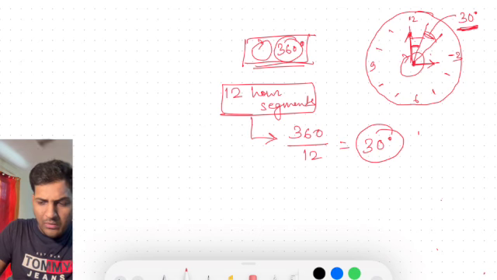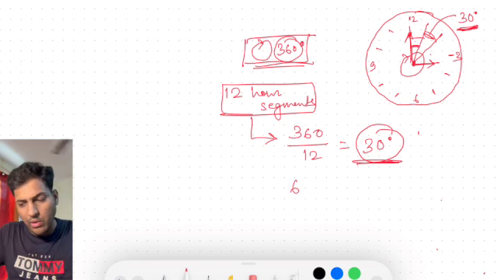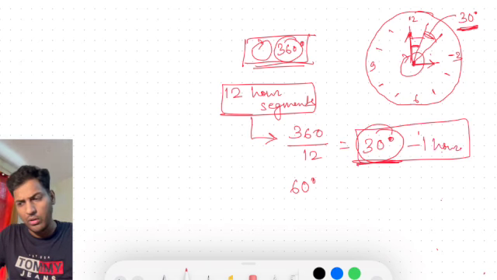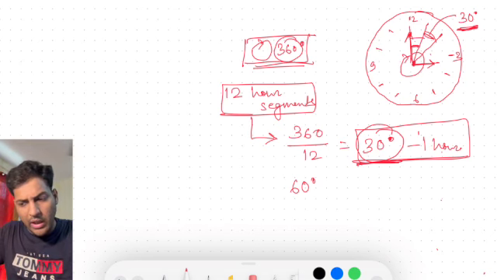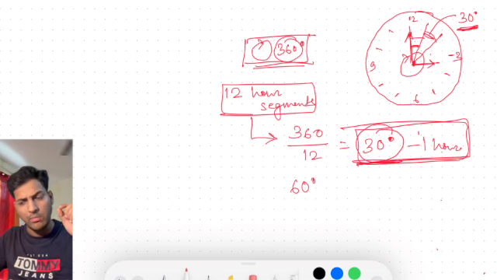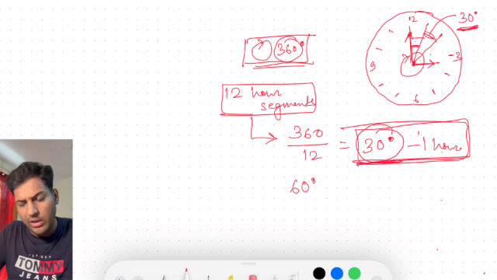That means, in terms of hour, 1 hour is 30 degrees. Everything, the hour and the minute, you have to understand in terms of degrees, because mathematics will work in terms of angle and degrees. So you have to understand that 1 hour is equal to 30 degrees. Kindly remember this one and forget every other thing.